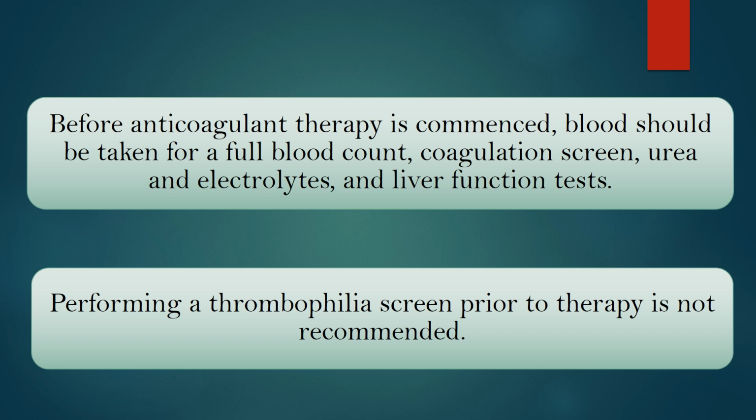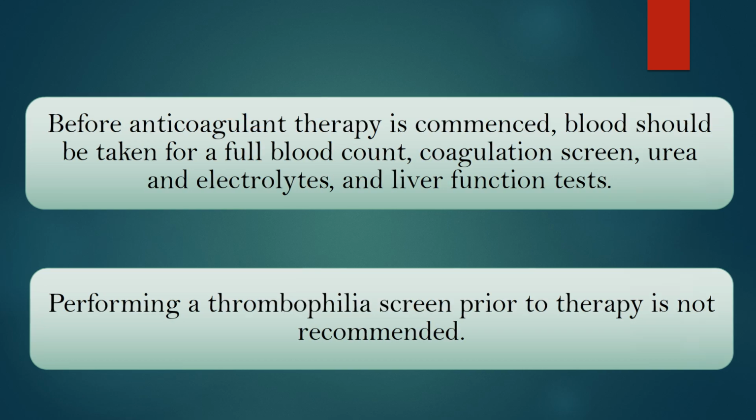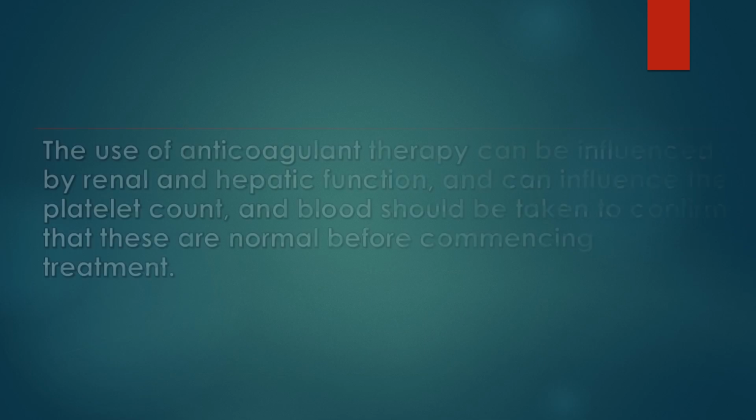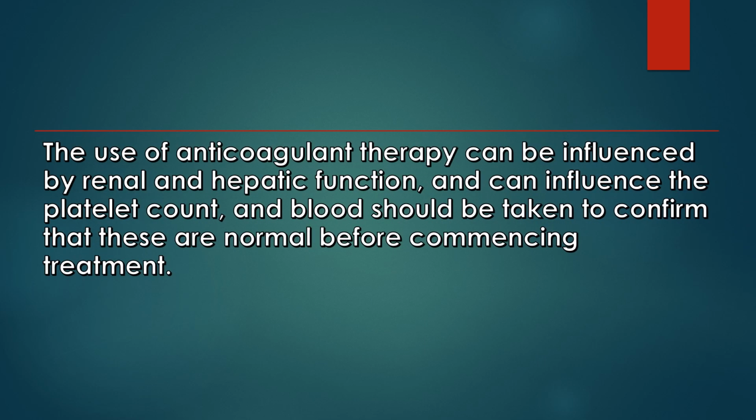Performing a thrombophilia screen prior to therapy is not recommended. The use of anticoagulant therapy can be influenced by renal and hepatic function and can influence the platelet count, and blood should be taken to confirm that these are normal before commencing treatment.